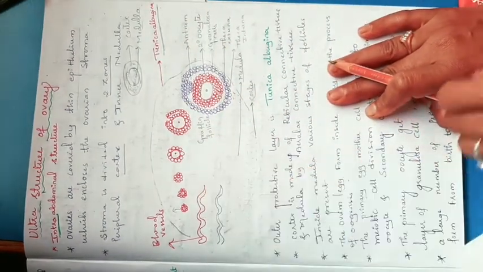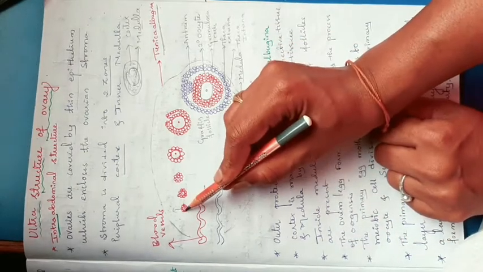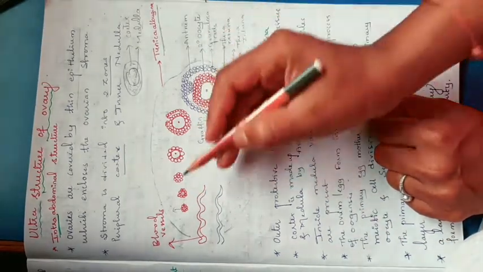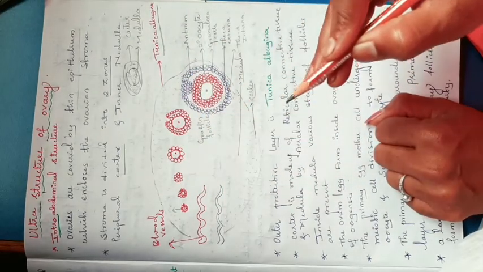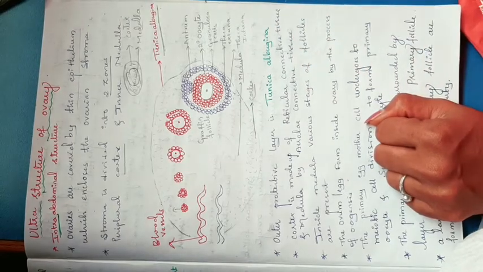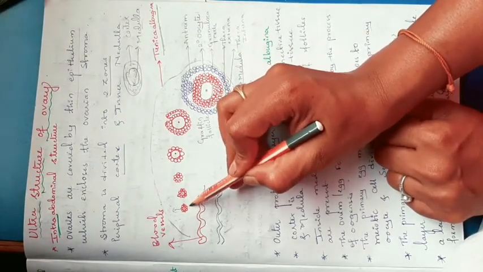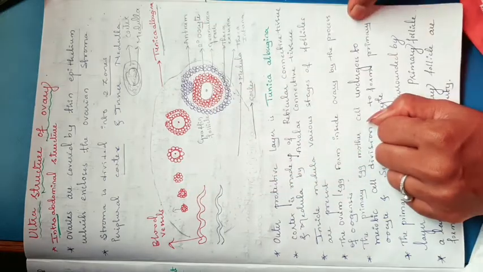Initially, certain cells act as gamete mother cells. A single cell acts as a gamete mother cell. That cell undergoes meiosis I, that is prophase 1. By prophase 1, it is covered by a thin layer of granulosa cells.